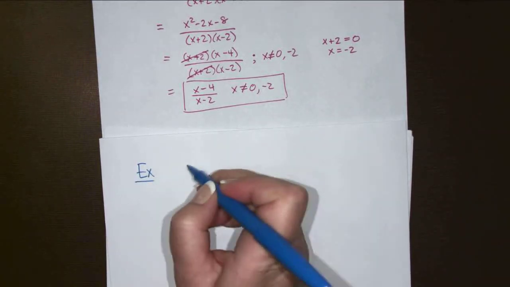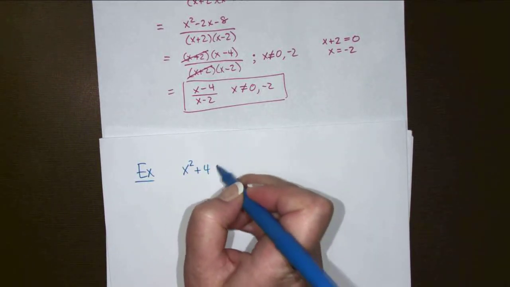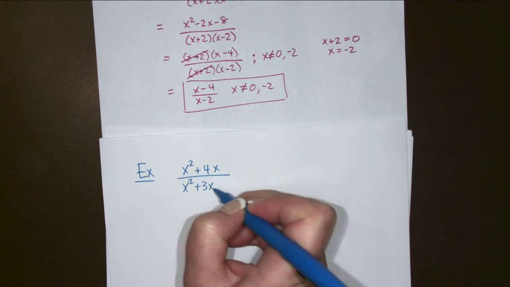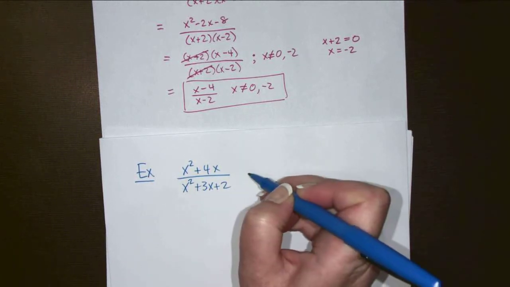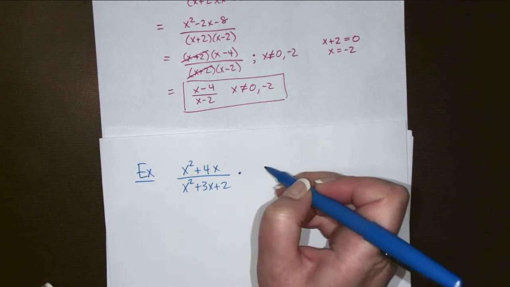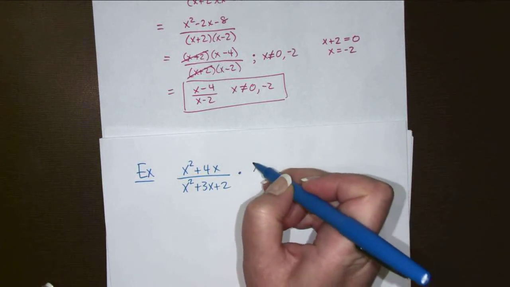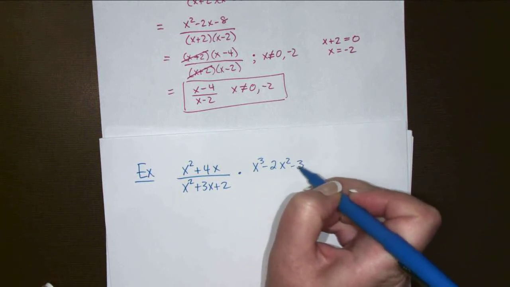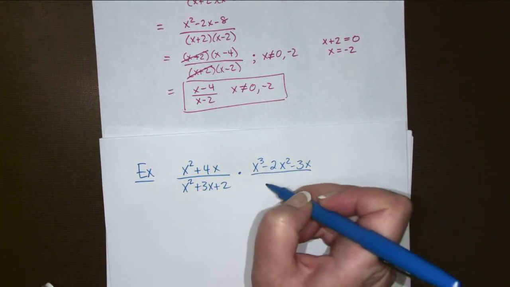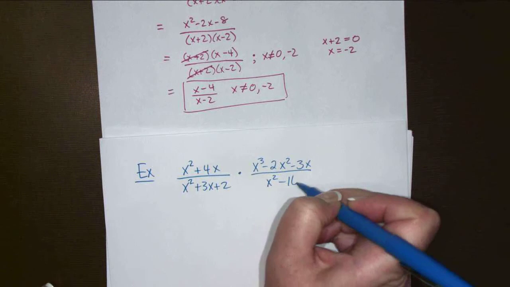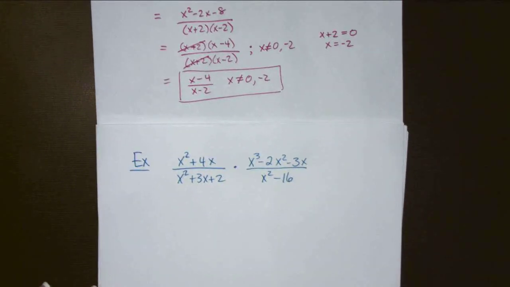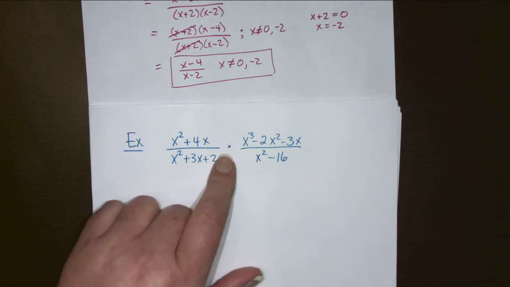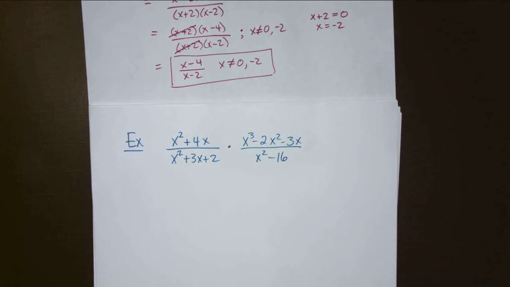I want you to try to factor this before I do it. Now, I put a multiplier times, so we don't need a common denominator.